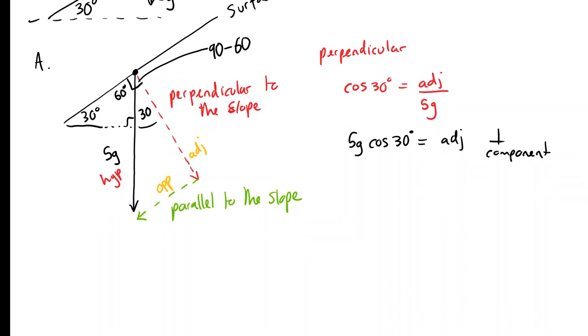We do the same for the opposite component, the component that's parallel to the slope. Here we're dealing with opposite and hypotenuse, so we should use sine.